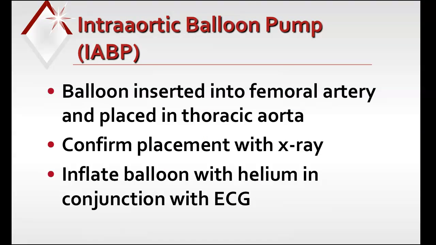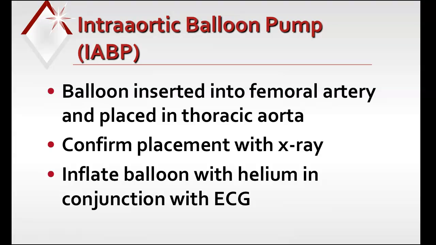So what you're going to see is how it's inserted. It's inserted percutaneously or surgically into the femoral artery, and it is moved toward the heart and placed in the descending thoracic aorta just below the left subclavian artery and above the renal arteries.